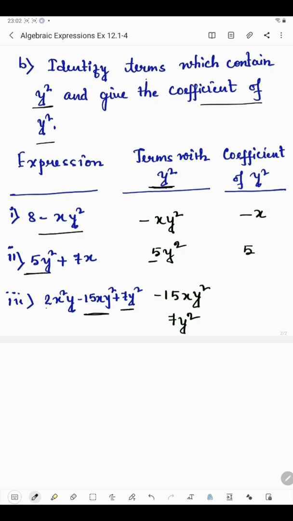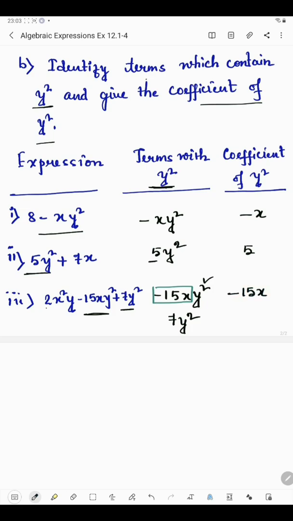So in the first term y square is not present, so we take the second and third terms. Now we find the coefficient of y square from the second term. From minus 15xy square, excluding y square, we have minus 15x. So it's minus 15x.